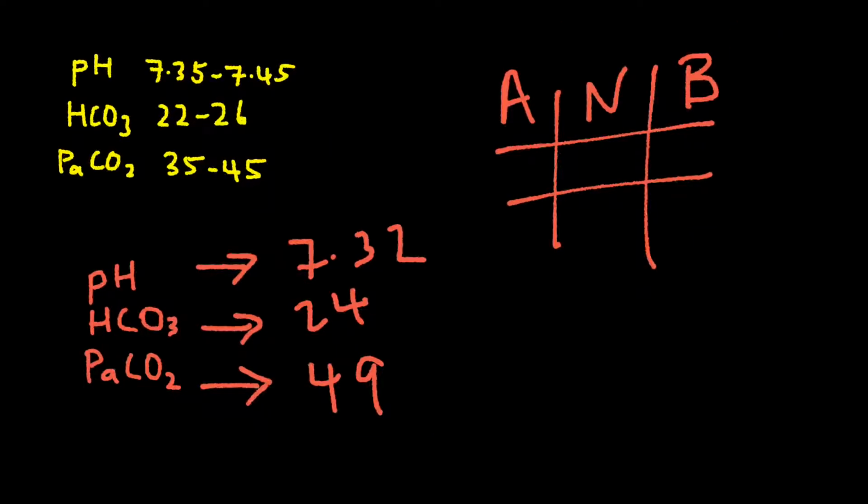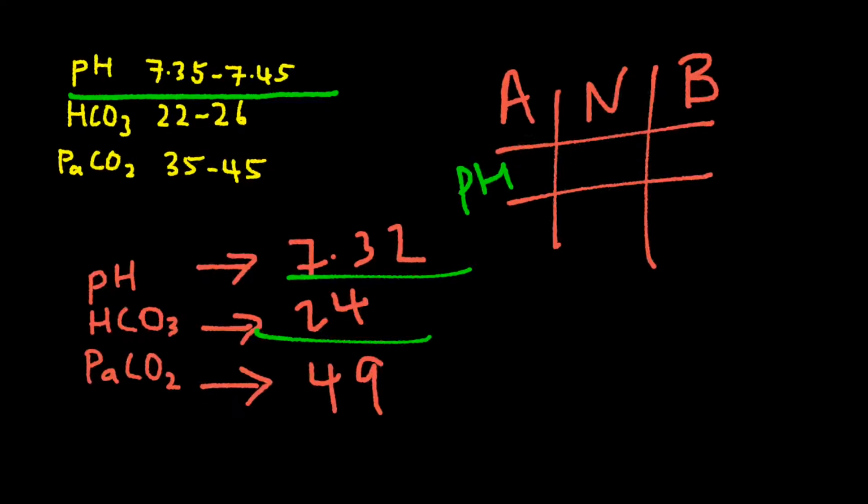Here we have another example where pH is 7.32. 7.32 would mean that it is acidic, so we put the pH under the acidic region. We have HCO3, which is 24. 24 is neutral, so we put the HCO3 in the normal region.